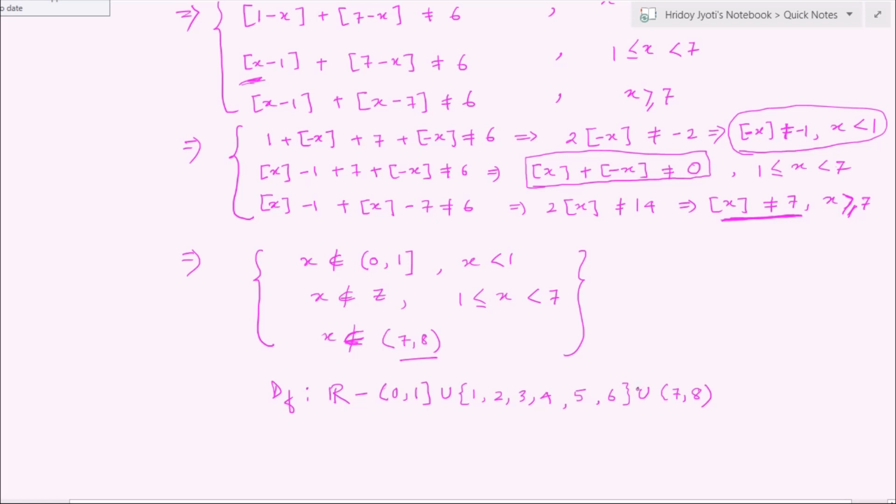So this one was for x greater than or equal to 7, right? So we have to include 7 here. This one is open, we include 7 here. Again, so this one will be the answer.